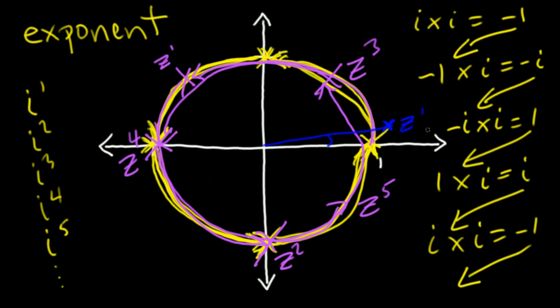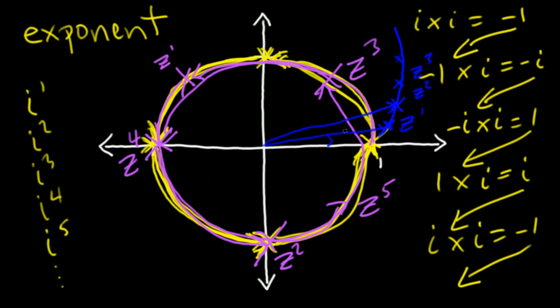If this were z to the first, well, z squared would be about that much of an angle, but it would be a little bit further out from the origin because z has a magnitude, or a distance from the origin, that's greater than 1. So we would scale and rotate. So that would be z squared. z to the third would be out here somewhere, and z to the fourth would be out here. We would spiral out away from the origin.